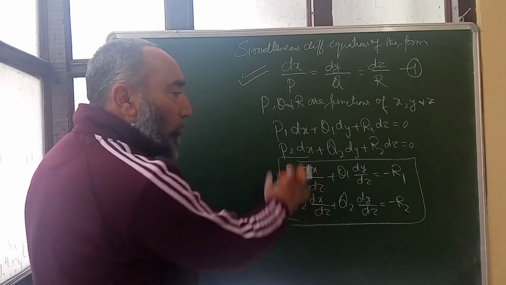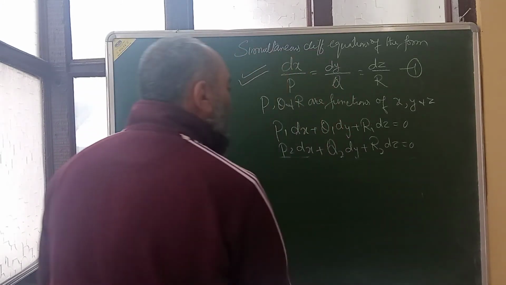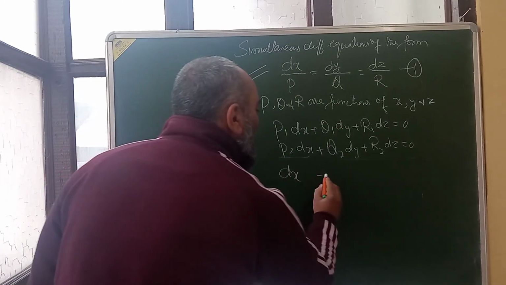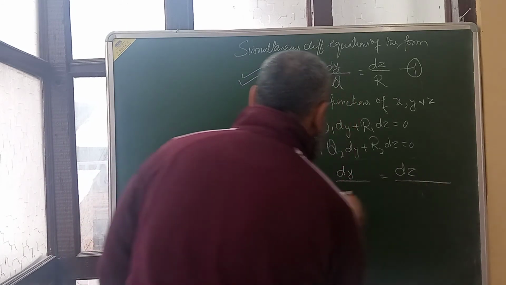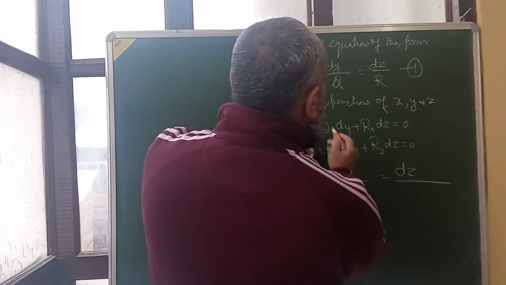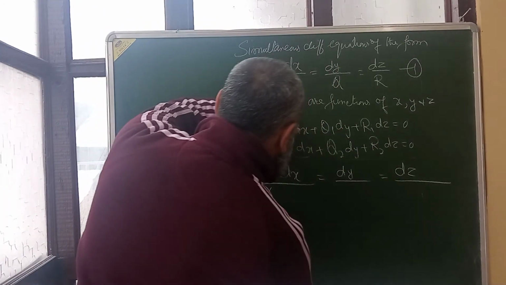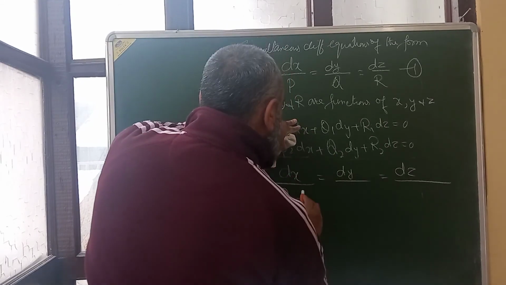So, these are two simultaneous equations. If you have to find dx, dy and dz, how will you find? If you have to find dx, this is Q1 R2 minus R1 Q2.